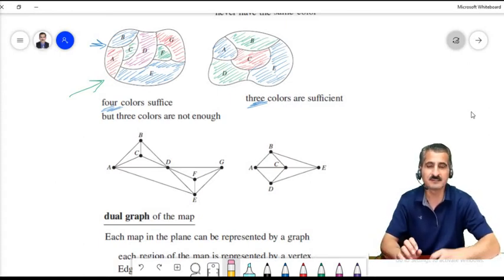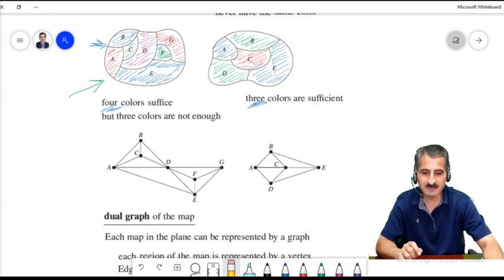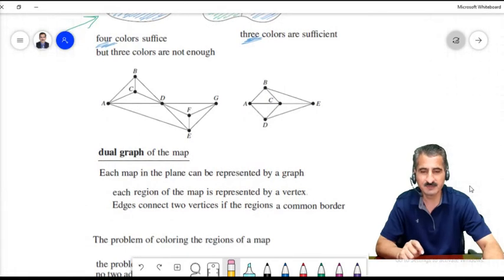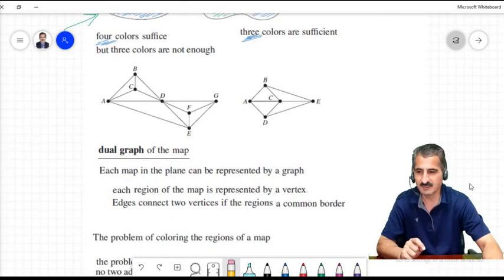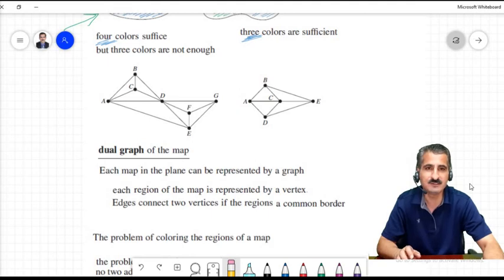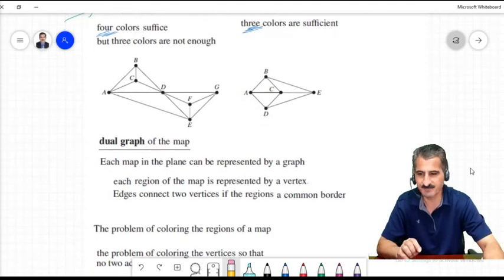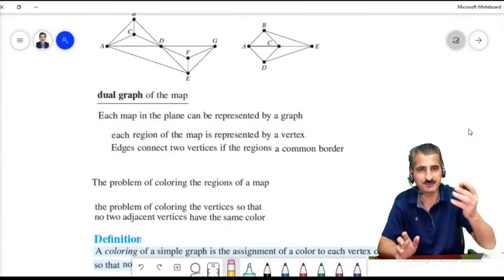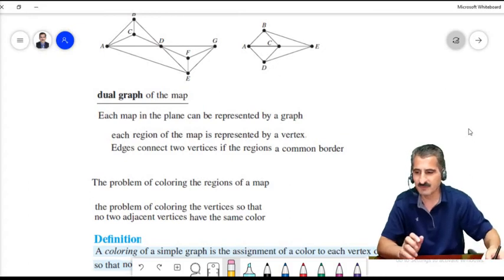So again, the problem is how to color all the vertices in the graph so that no two adjacent vertices take the same color. And this problem is very important in graph theory, and in general it is not easy to answer. But for some simple, special kinds of graphs, we can answer this. Okay, so when transforming a map's regions to a graph, the resulting graph is called the dual graph of the map.